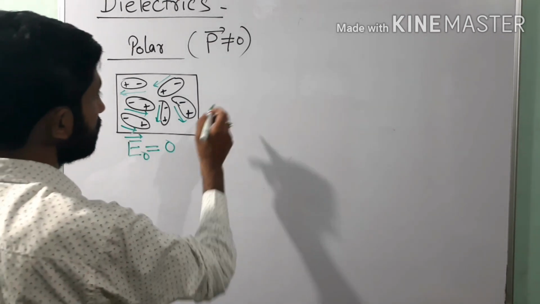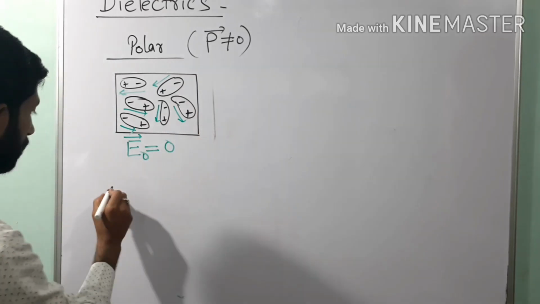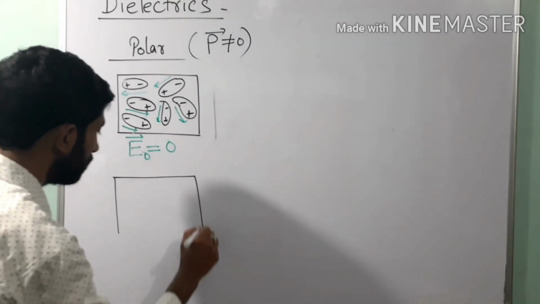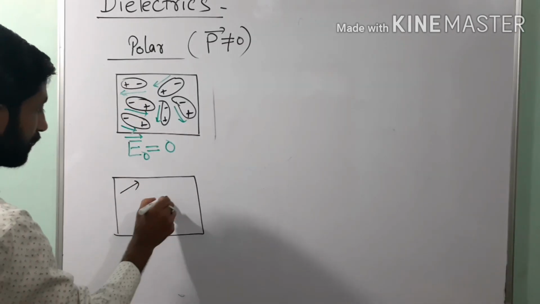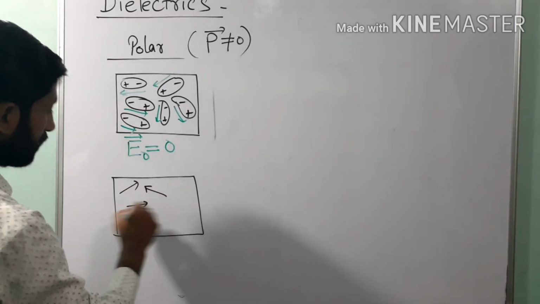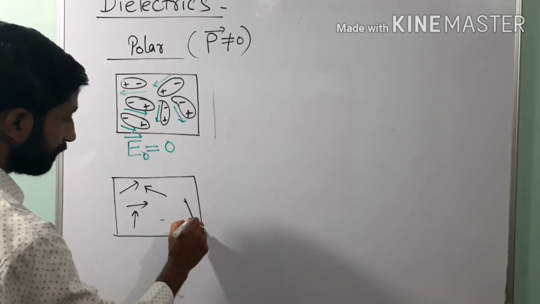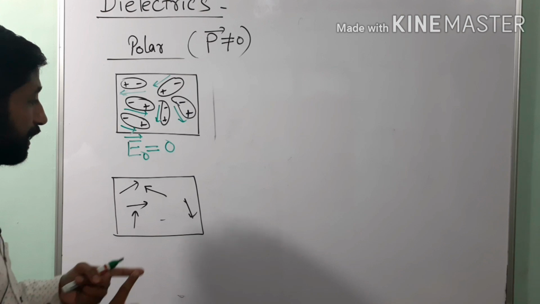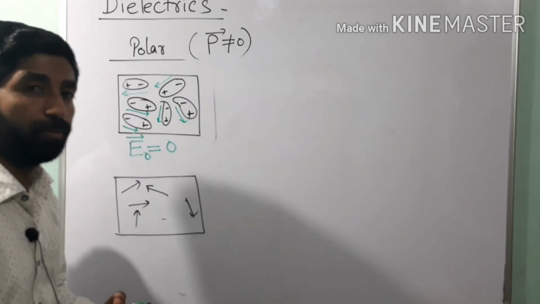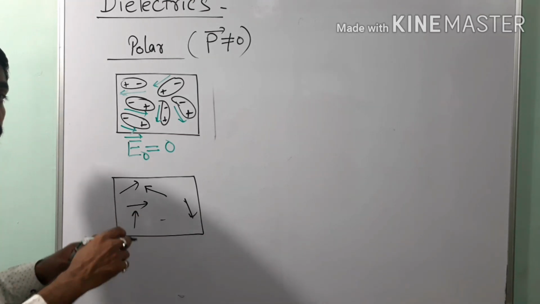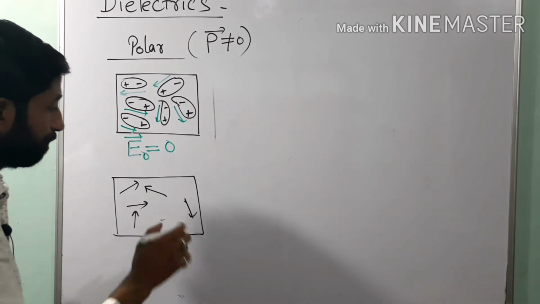So in this sense, this piece has, suppose this is one dipole moment, this is another dipole moment, this is another dipole moment, this is one more, so it is being cancelled by this. So remember one thing, the dipole moment of each and every molecule will be cancelled by the next molecule there, so that the net dipole moment of this slab or piece is completely 0.